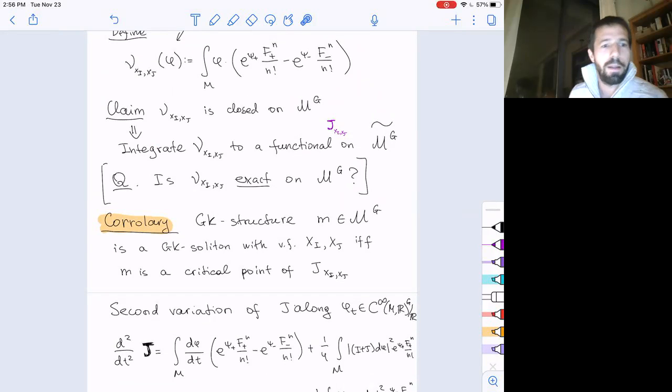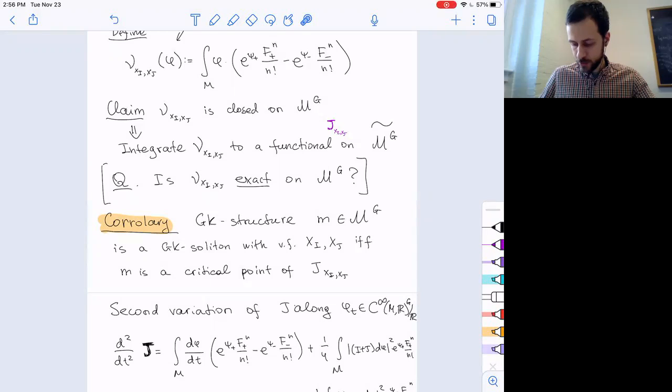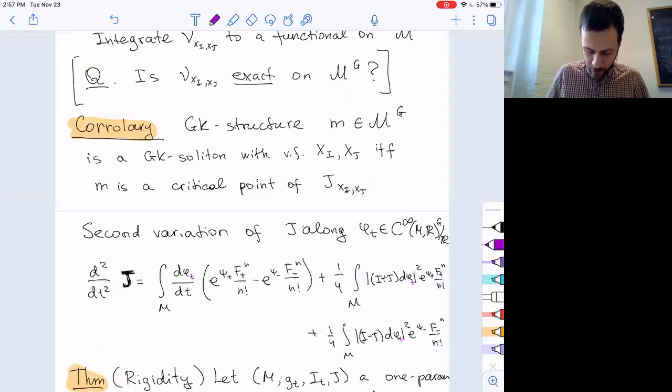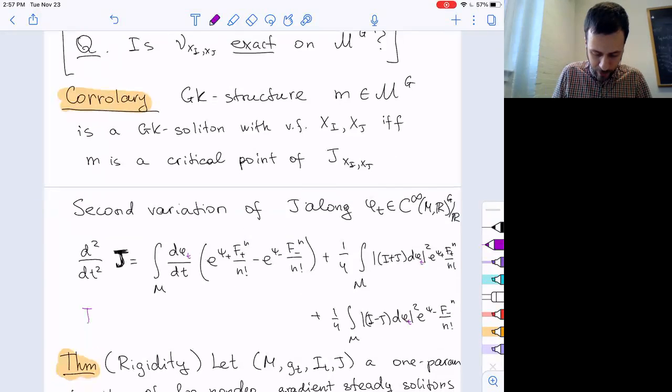So maybe let me write it this way. Let me put phi t here everywhere. This is my family. So I define j in this case. j by definition is the integral from 0 to t of nu xi xj of phi s ds.